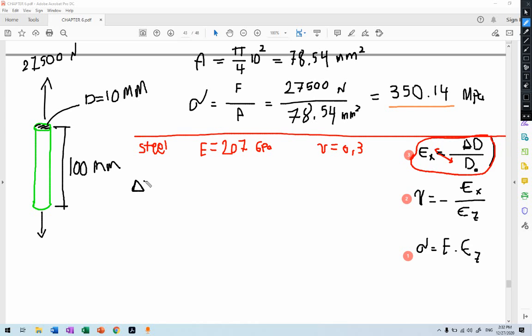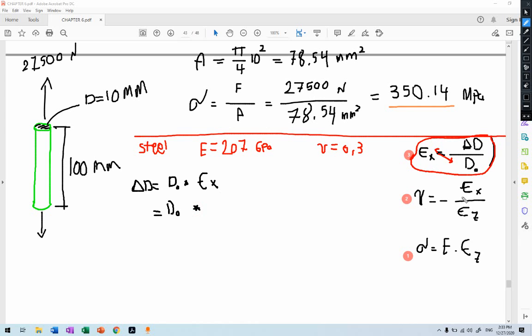So delta D will be equal to d0 times ex. And ex basically will be what? It will be minus v, the Poisson ratio, times ez. So d0 stays here.